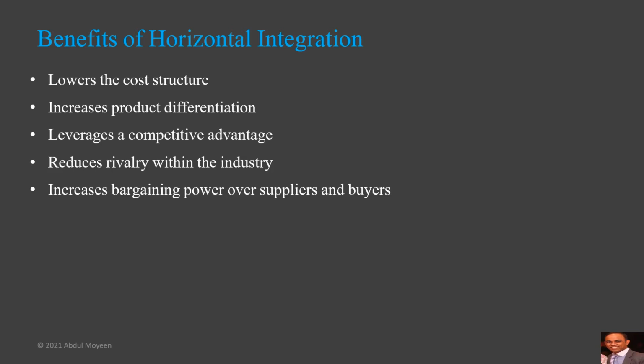And then the next one is that horizontal integration can help to reduce rivalry in two ways. Number one, by acquiring or merging with a competitor, horizontal integration helps to eliminate excess capacity in an industry, which triggers price wars. And number two, by reducing the number of competitors in an industry, horizontal integration often makes it easier to implement tacit price coordination.